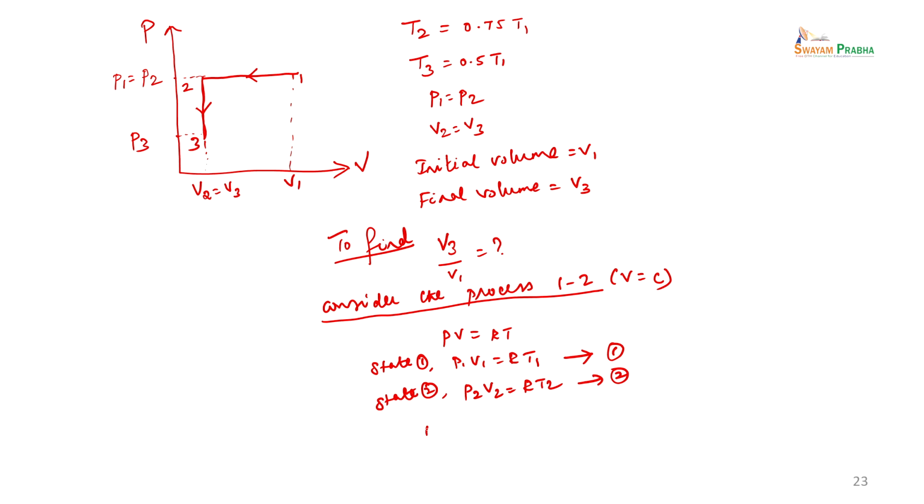Divide equation 1 by 2, we will get P1 V1 by P2 V2 is equal to R into T1 by R into T2. Sorry, 1 to 2 is a constant pressure process, not constant volume.